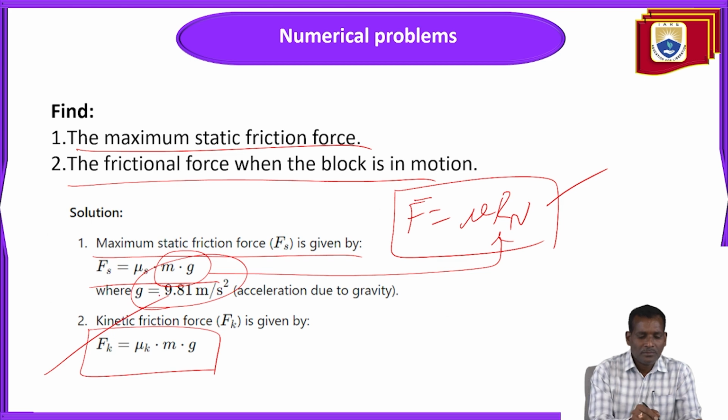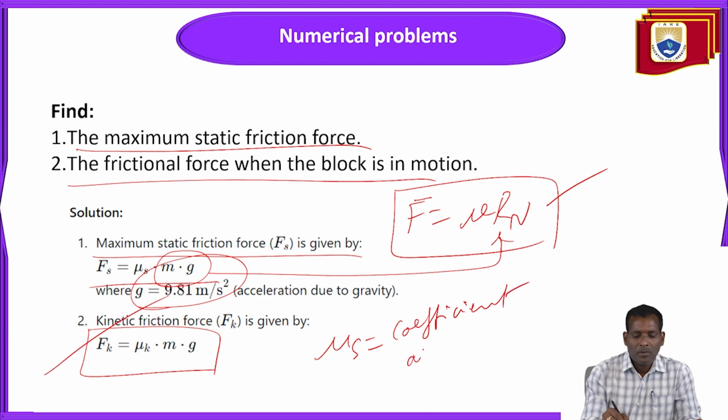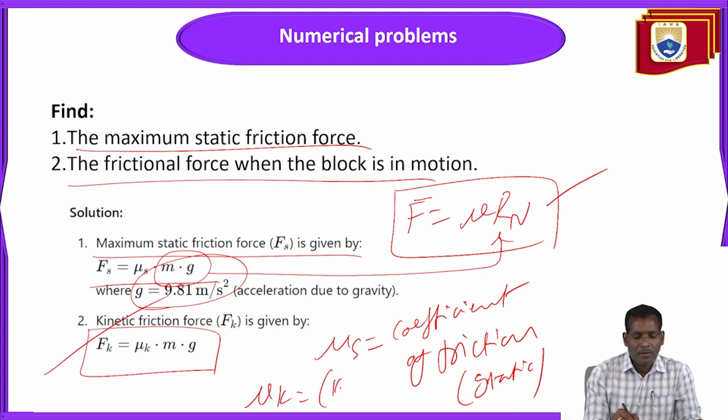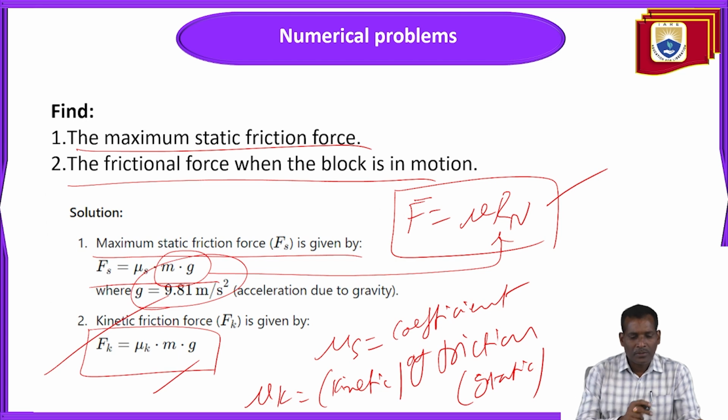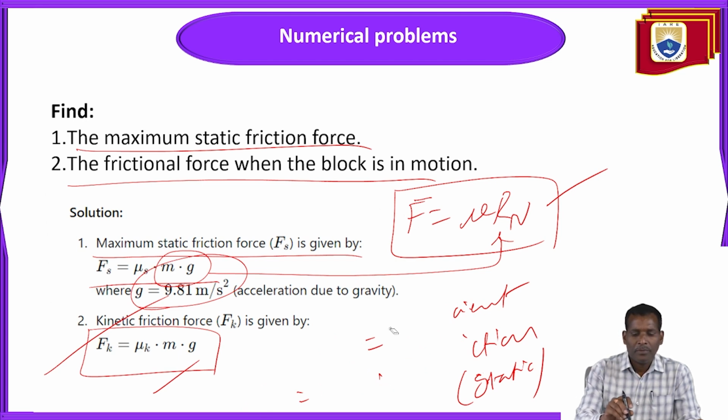Here mu is the coefficient of friction in the stationary, static condition, and the other one is mu k, kinetic. So Fk is mu k mg. Now substitute the given values in these equations and you will get the frictional force.